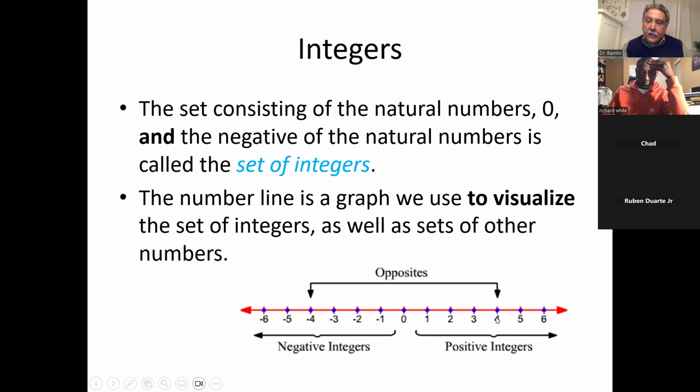So when we have +4 and -4, they are opposite of each other. This helps you to visualize the integers on a number line. These are the set of integers.